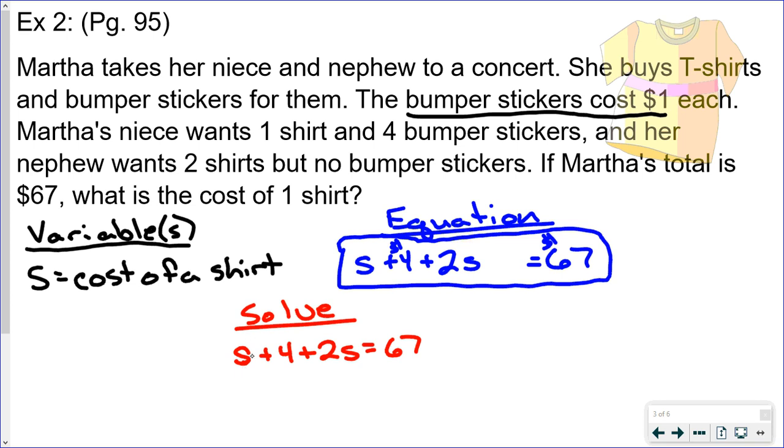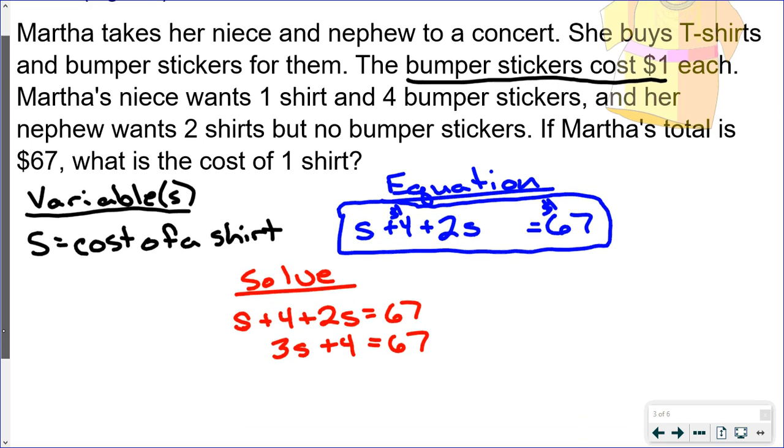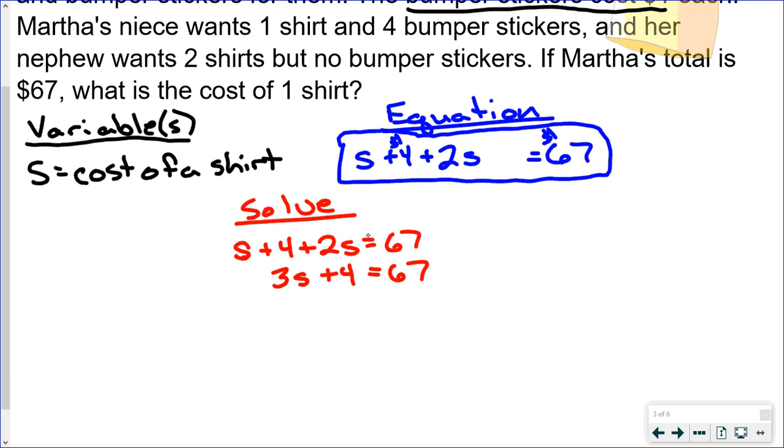So I can combine the S and the 2S to make 3S plus 4 equals 67. And now I just have a 2-step equation to solve. So I'm going to use opposite operations to solve for the variable and get it by itself. Again, the whole point of this is to find out, what is S equal to? What is the cost of a shirt?